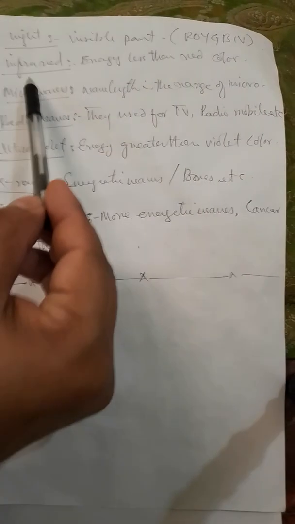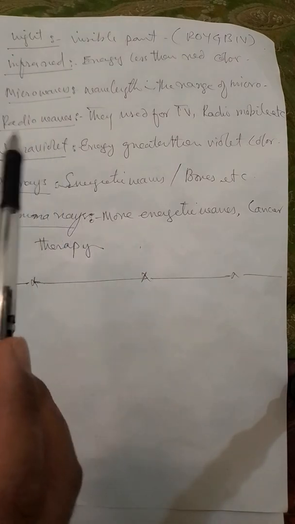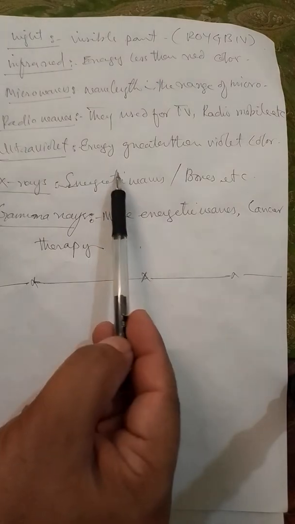Next one is infrared radiation or infrared waves. Infrared radiation, which has a wavelength longer than visible light, that is 0.7 micrometer to about 1 millimeter, is commonly emitted by atoms or molecules when they change their rotational or vibrational motion.